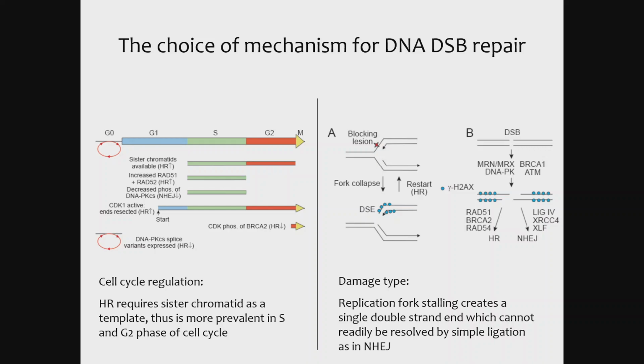We have our DNA, and we have some modifications that were important for this region. But then we have damage, and we have to remove all of these modifications and put new modifications, like this GAMH2AX and other modifications that are important for DNA repair. But once the damage is done and we repair, did we bring back these same modifications as they were?